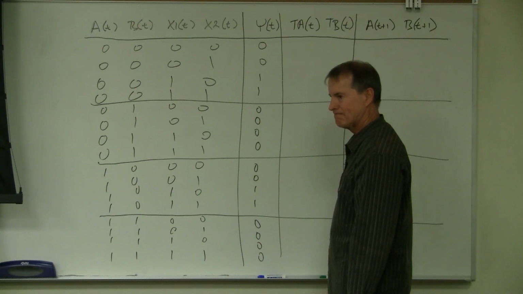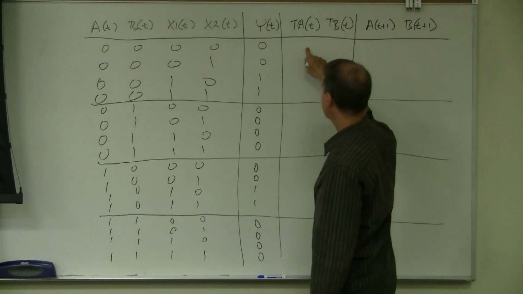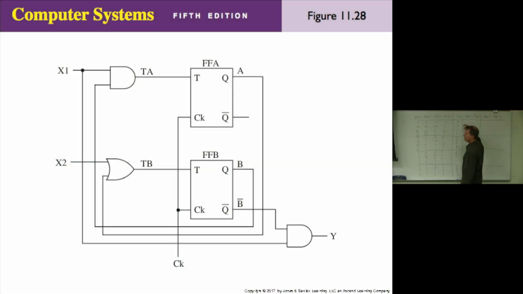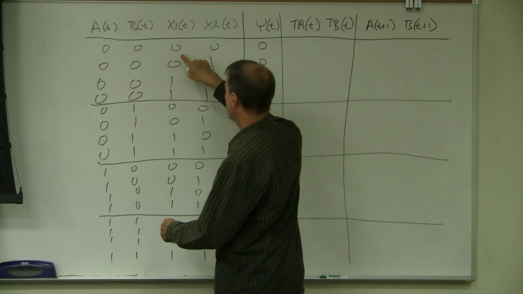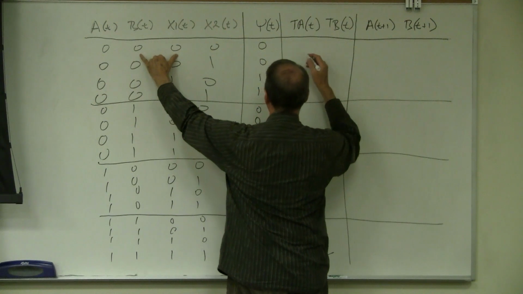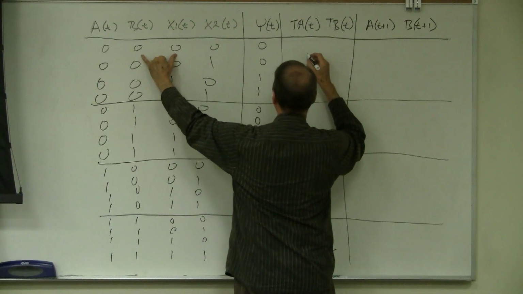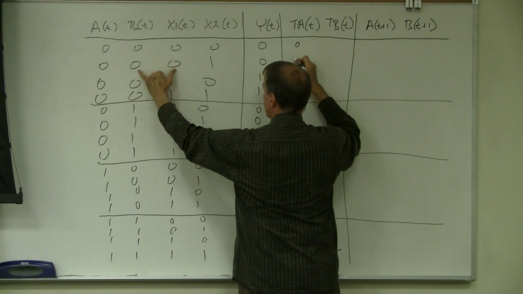Are we good? Okay. Now we have to do TA and TB. But now this is mechanical. What is TA? It's X1 and B. We just look at these two columns. It's ANDed now, so this is less complicated. We just AND these. Next. 0.